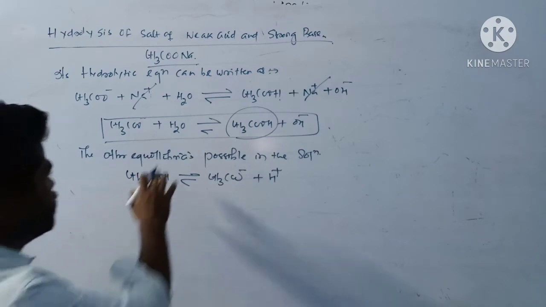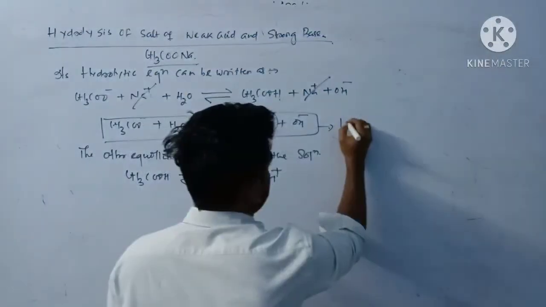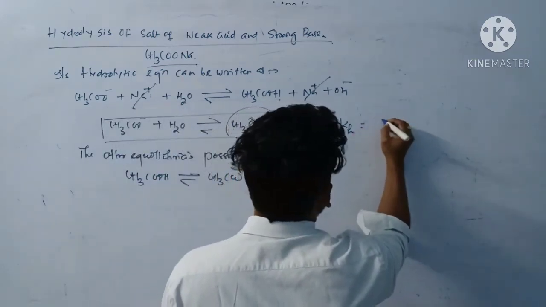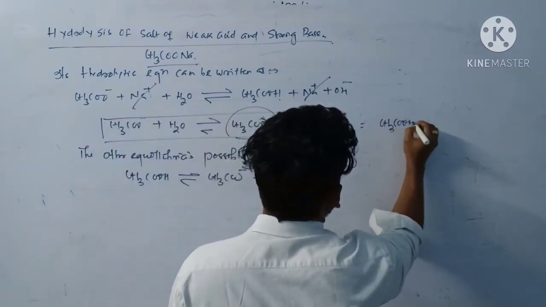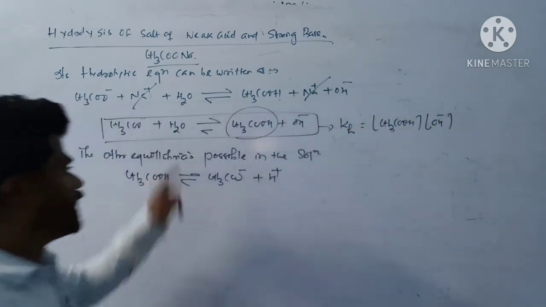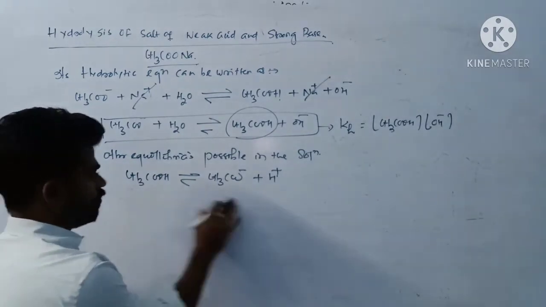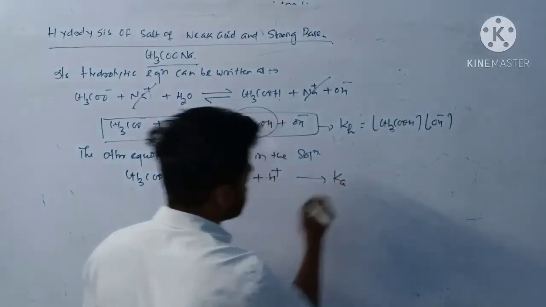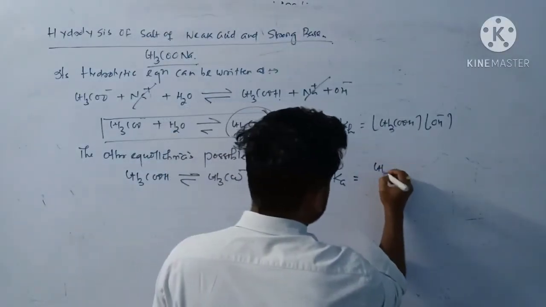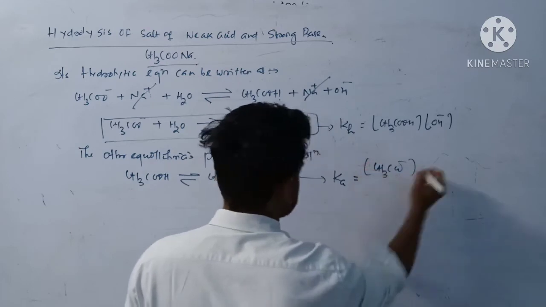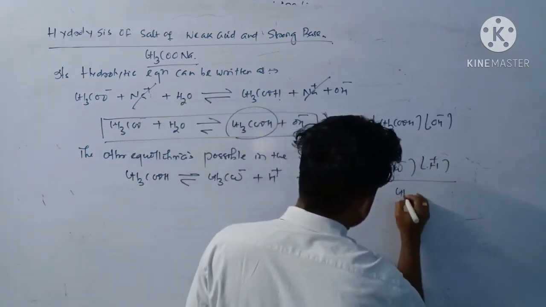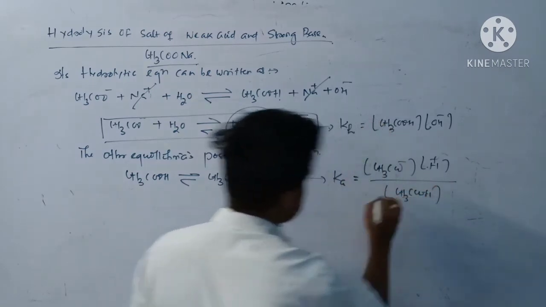So here you can write KH, hydrolytic constant, equal to the concentration of CH3COOH into concentration of OH minus over the concentration of CH3COO minus. Water is taken as constant, as I have just discussed. For this one, acid dissociation constant Ka is equal to CH3COO minus into H plus upon CH3COOH. Clear?